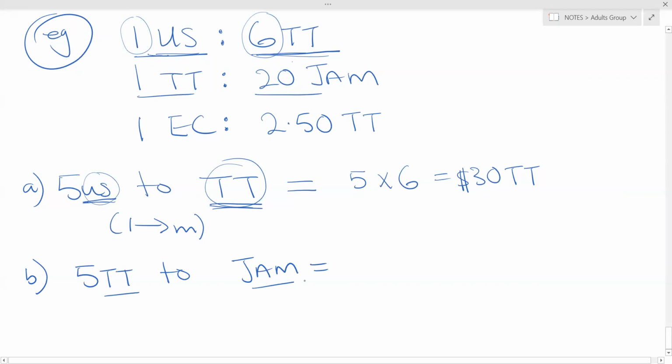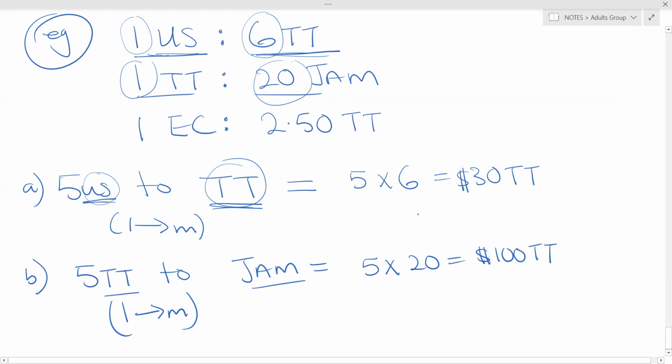So TT to Jamaican, it's still a 1 to many. Therefore, as the TT increases, the Jamaican will increase. So it's going to be 5 by 20, which is 100.